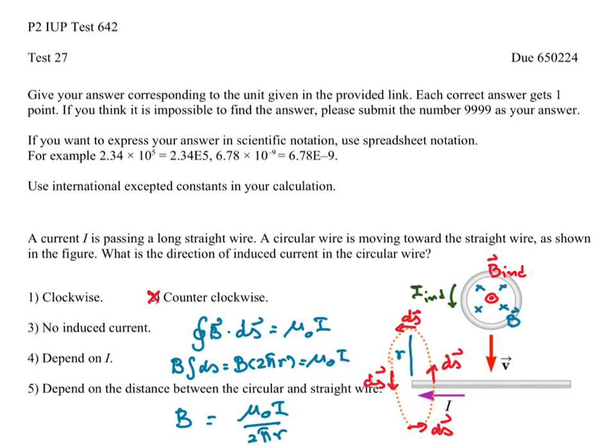So you can see that if the induced current points in this direction, the magnetic field inside the wire will point out of the plane. So we have the answer to this question, that the induced current must flow in the counterclockwise direction, right? In this direction, which is counterclockwise, to produce this induced magnetic field against the increase of the magnetic flux to the circular wire. So the answer is choice number 2.